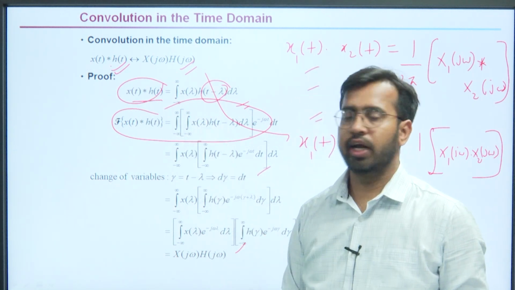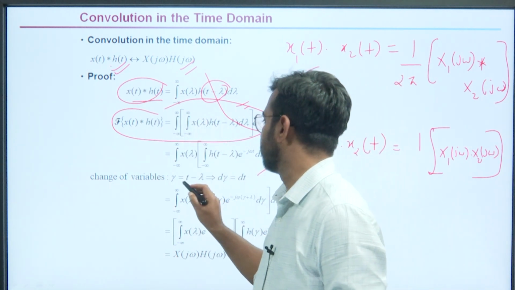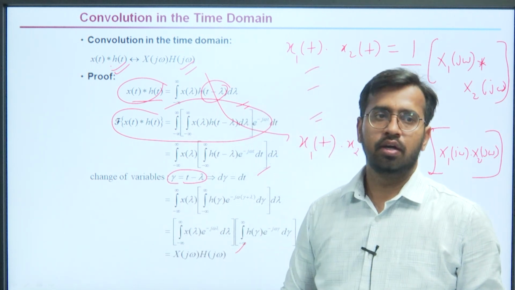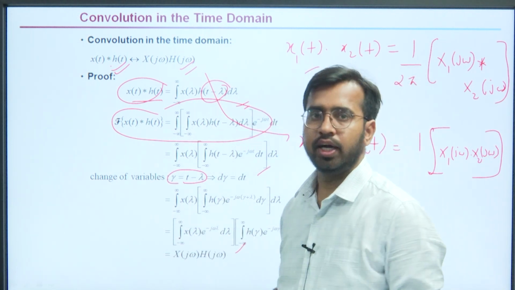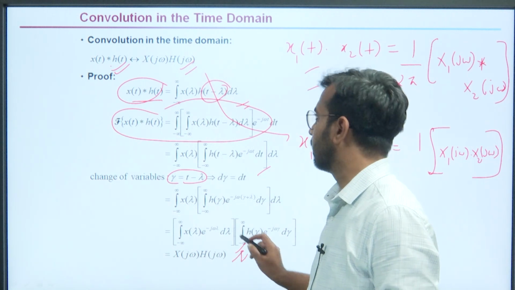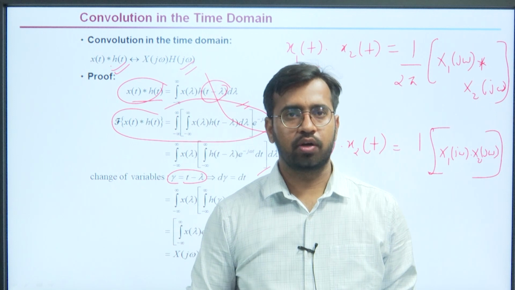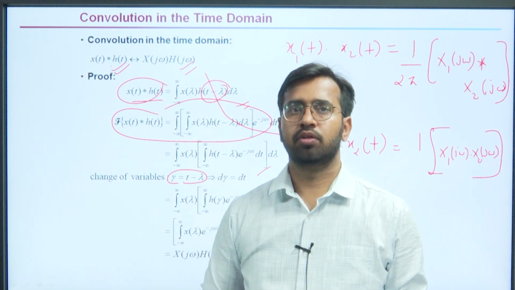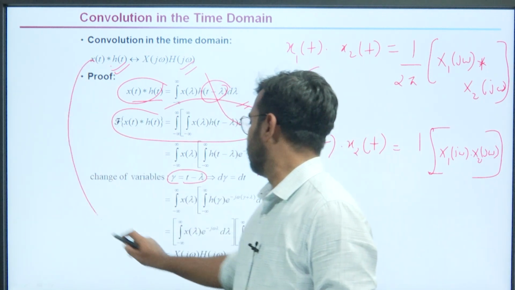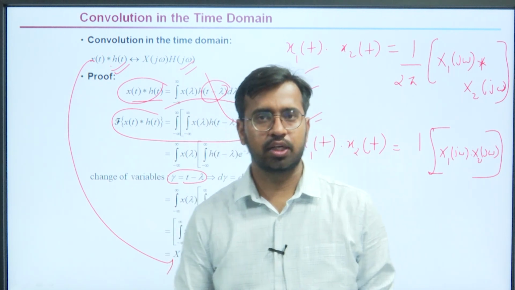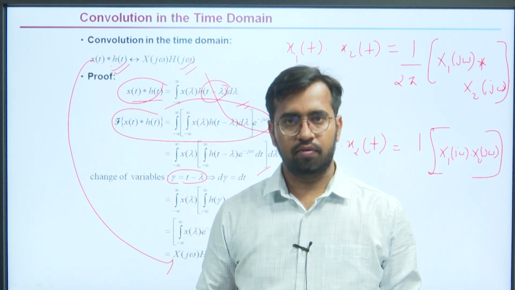Expand it, and at last replace by minus delta, and you will get the result. The proof of the property is not required; you just need to remember the result so that you can directly use it while solving problems.